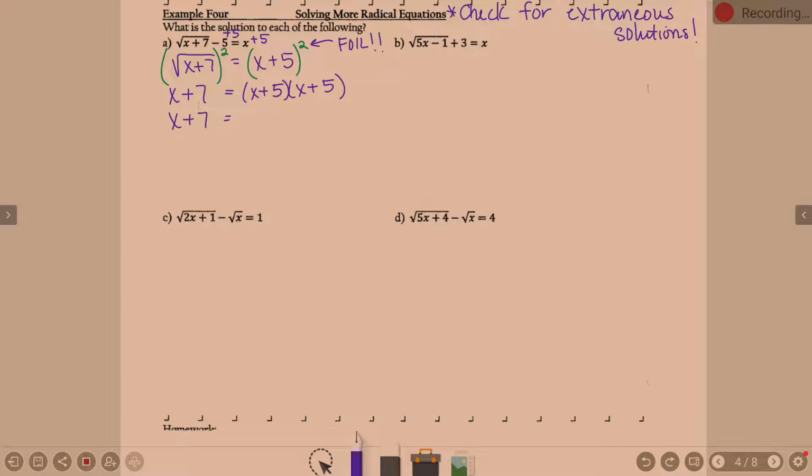X plus 7 on the left is still that x plus 7. On the right, okay, you got it? X times x is x squared. X times 5 is 5x. But also, 5 times x is another 5x.